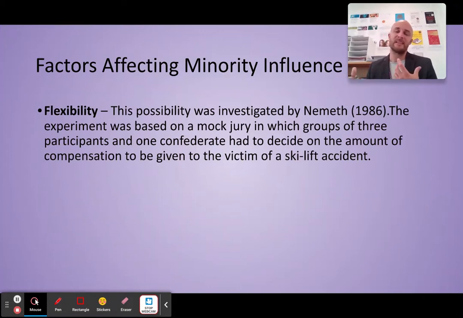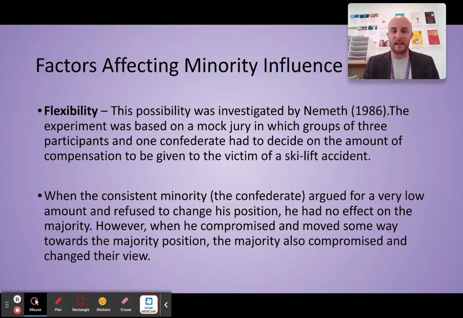So consistency is measured by Moscovici. We'll come to that in a second. Flexibility was actually investigated by Nemeth. They had an experiment based on a mock jury. A mock jury is just like a fake jury, basically, in which groups of 3 participants and 1 confederate, who is posing as a participant, had to decide on the amount of compensation to be given to the victim of a ski lift accident.